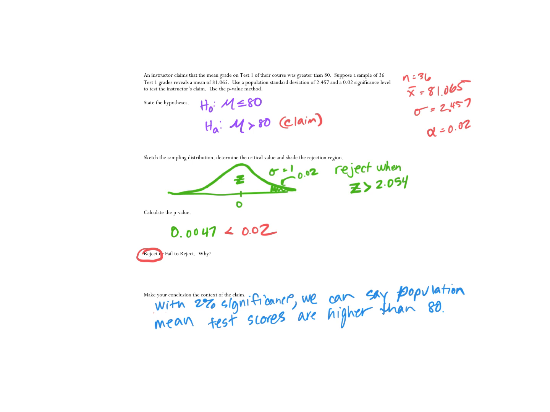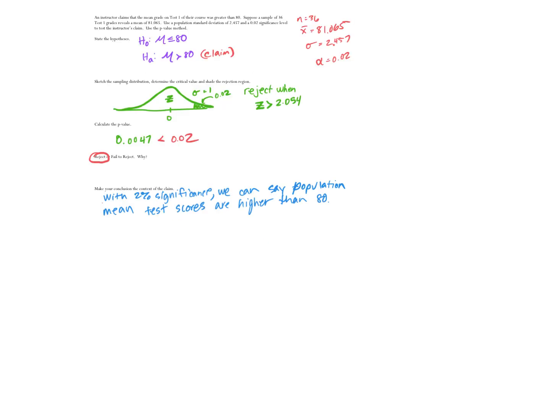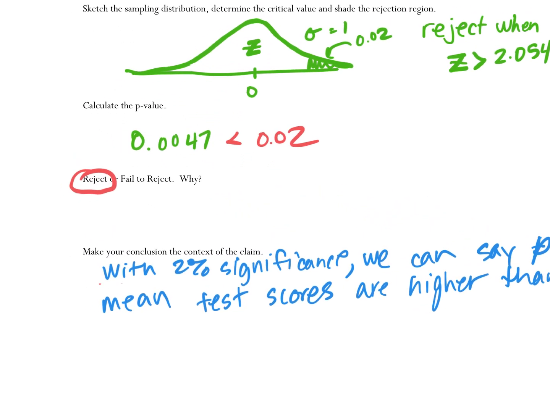How are you guys feeling on these tests? Do you want to work through more? Do you ever get the p-value? Yeah, so this is a z-test. If I ask you to use the p-value method, this is your explanation.